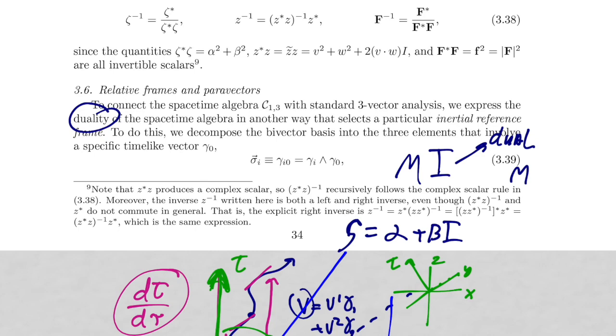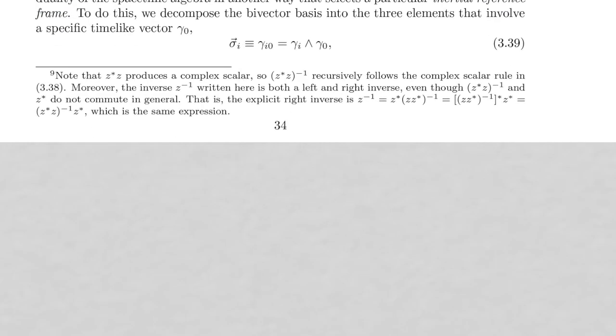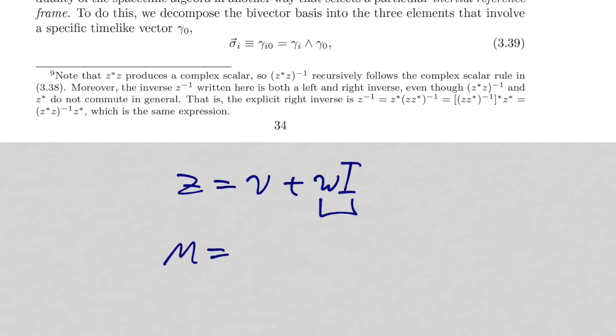And we created the dual of a vector. We said Z was a complex vector, which was a vector V plus the dual of a vector W, and we know that this is a trivector. We learned that we could write all of our multivectors in the form of zeta plus Z plus a bivector.